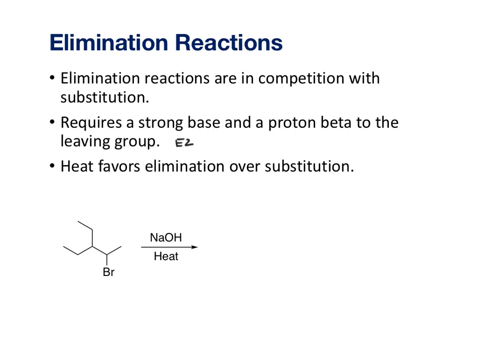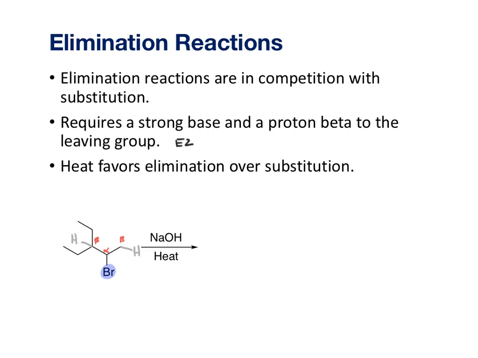So in this example here, we have our leaving group, which is the bromine, and that is on what we call the alpha carbon. And then carbons next to the alpha are beta carbons. This molecule has 2 beta carbons, and each beta carbon, in this case, does have beta hydrogen.